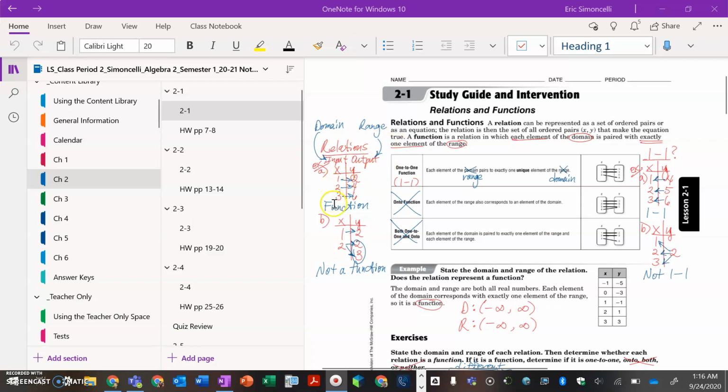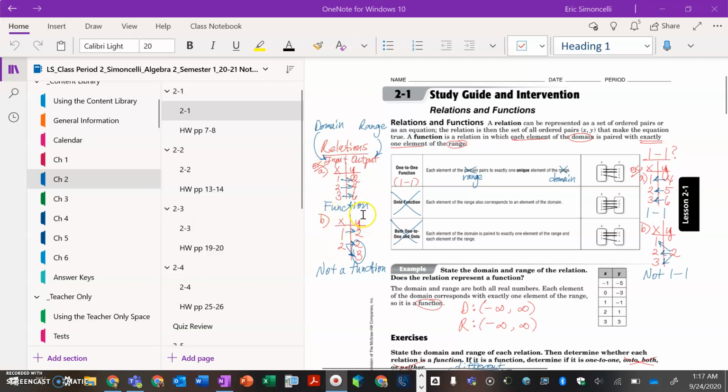For our very first xy table, we have 1, 2, 3 as your inputs, and we have 2, 4, and 6. Now we have arrows, what we call mapping to those respective y's. Because each input has exactly one output, by definition this relation is also a function. So it's not just a relation, it's also a function.